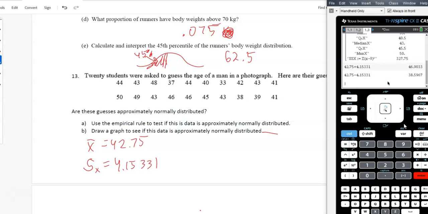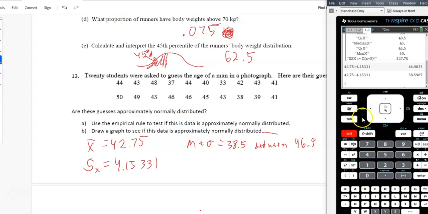I need all the data values between, so this is mean plus or minus standard deviation, which gives these two numbers: 38.5 and 46.9.